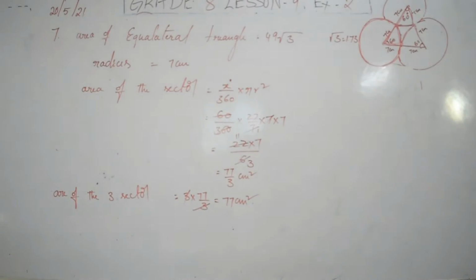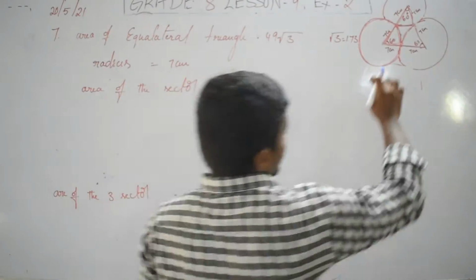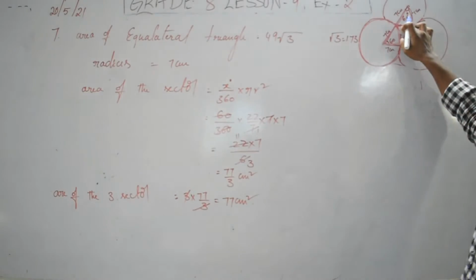Now we know the area of the triangle is 49 root 3. So finally we have to find the area of the middle partition.